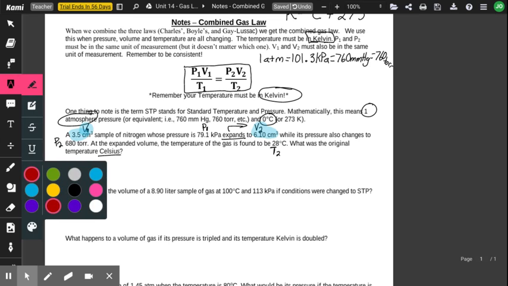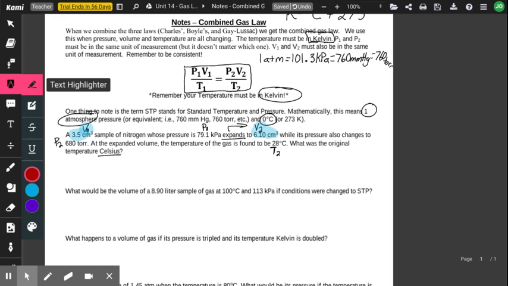Now let's check our pressure. Pressure 1 is in kPa. Pressure 2 is in torr. They're not the same unit, so we do need to make a conversion. It doesn't matter which one you pick, but you need to be consistent. They need to be the same. So that is something we're going to have to change.